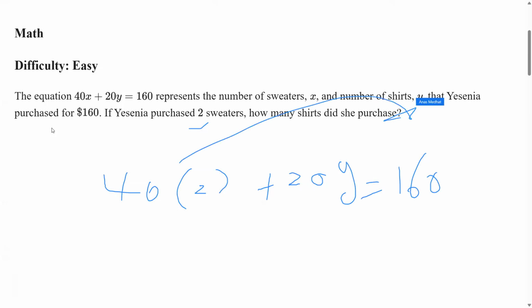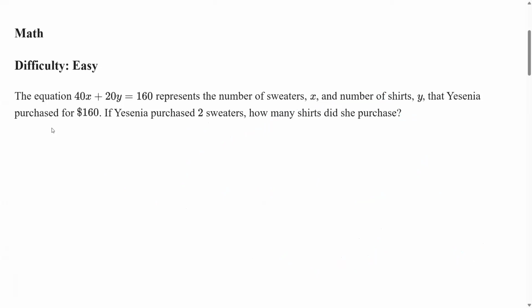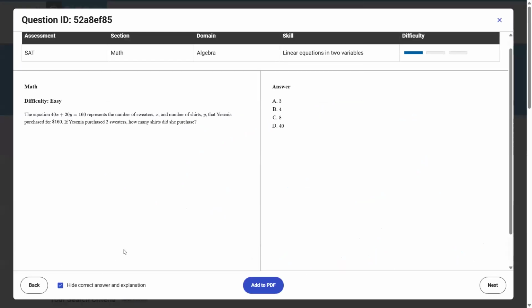Shift to the other side and divide by 20. It will be 80 over 20. 160 minus 80 is 80. 80 over 20 is 4. So y is equal to 4. So she purchased 4 shirts. Answer is B.